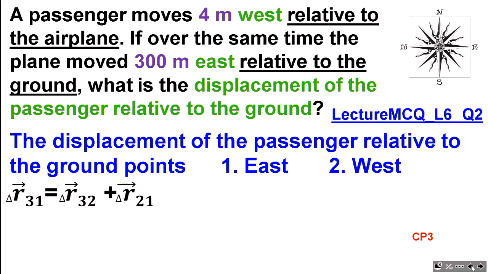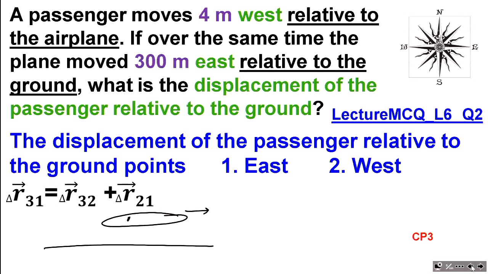And we have the ground, the airplane, and the passenger inside. Right? Now, the airplane travels east. Now, when we say travels east, and we draw an arrow, that arrow must represent a specific velocity of a specific object relative to a specific object.